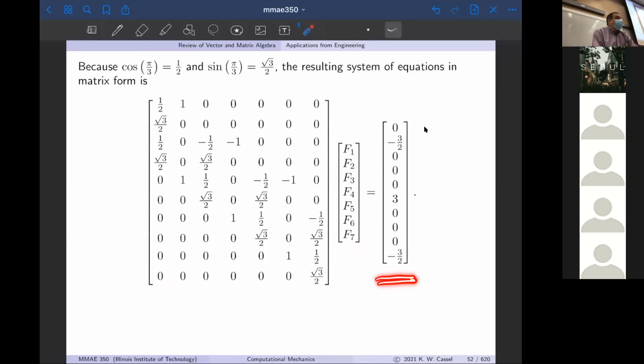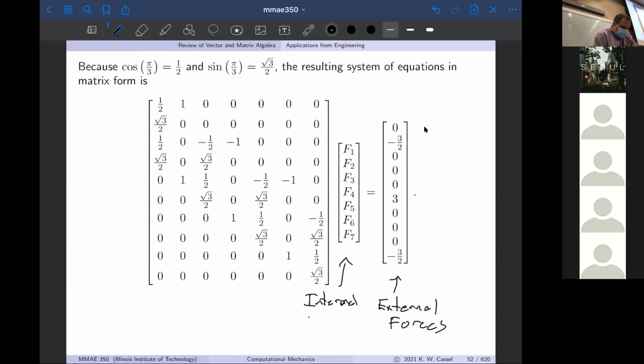Yeah, the reactions, plus the external force. So this is all external forces. Now the F's, those are the internal forces. That's what we're looking for. So F1 through F7, those are the forces within each member of the truss.